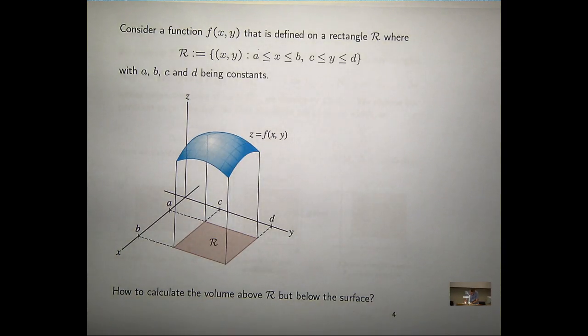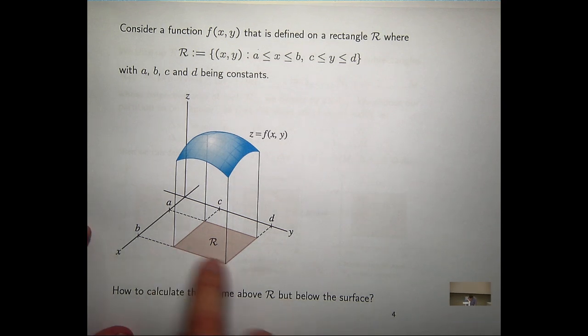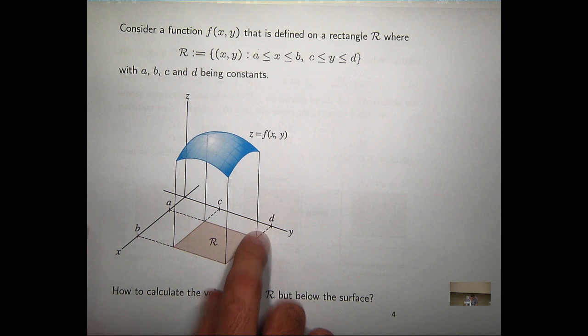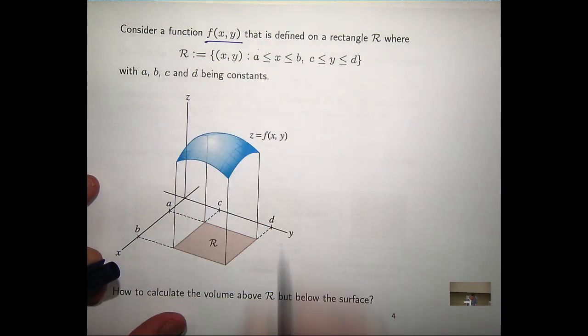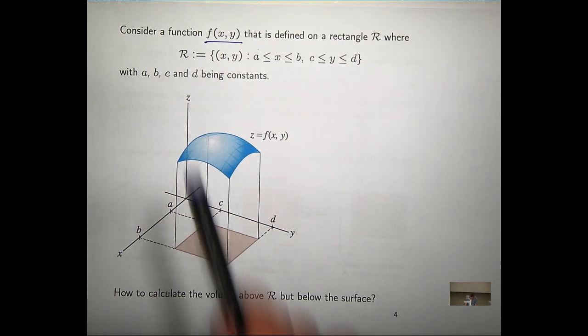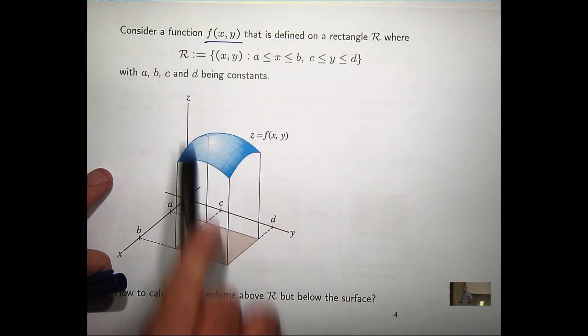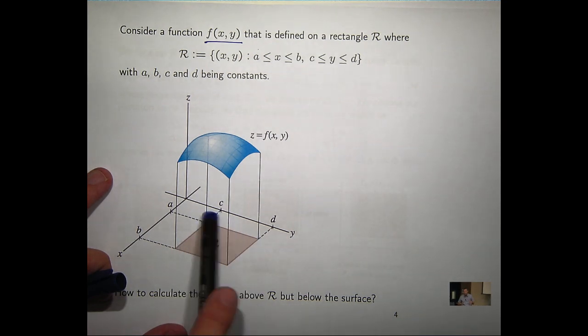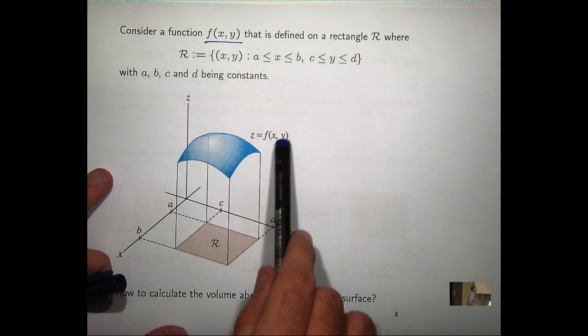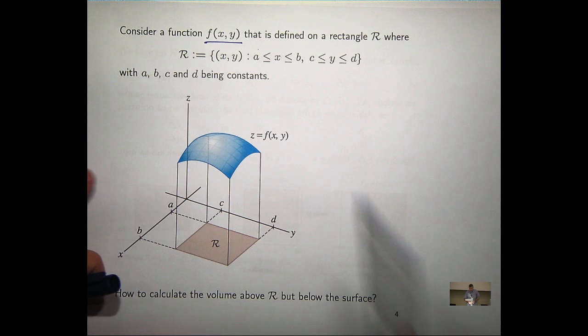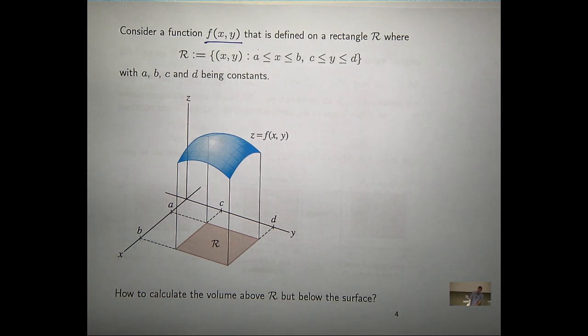Okay. Now for this lecture, our domains or sets of interest are going to be rectangles. So we've got a function of two variables, and we've got some rectangle of interest. If we draw the rectangle here in the xy plane, then we can also draw in the surface associated with that function of two variables.